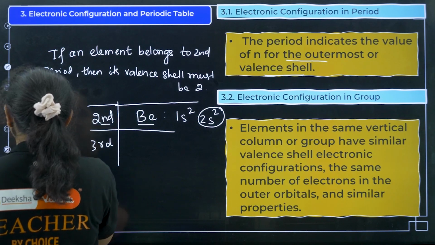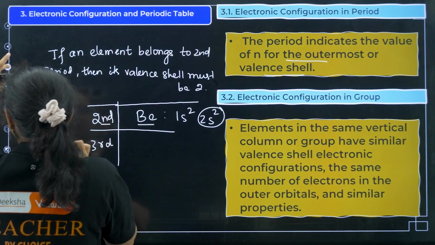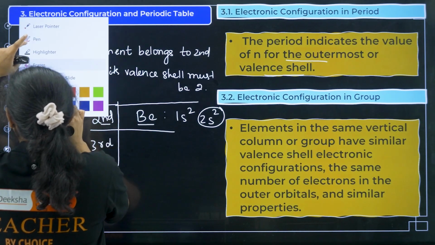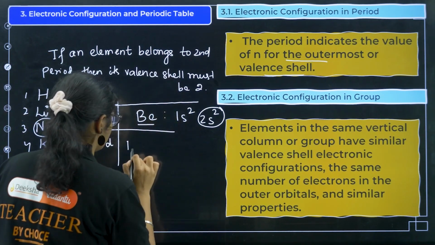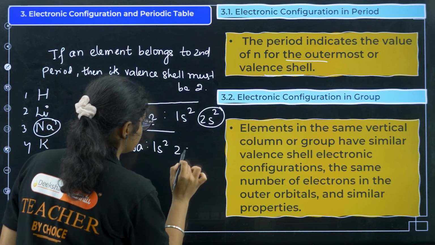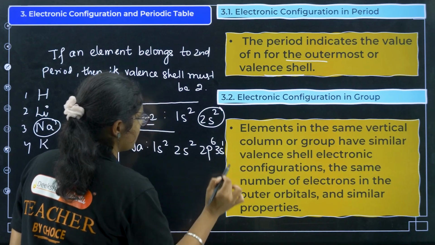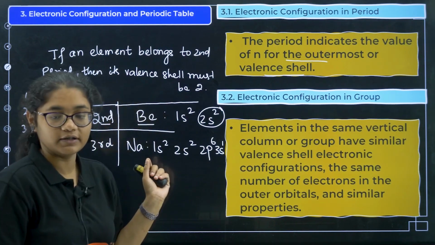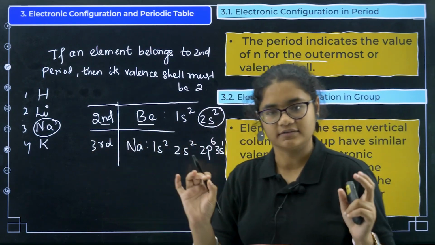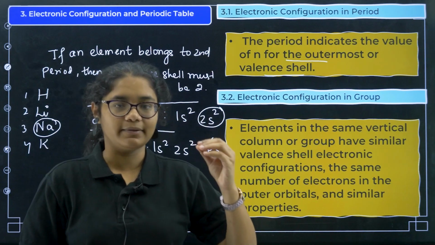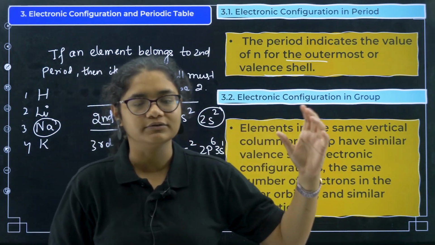So this is first period, second period, third period and fourth period, right? If I now write the sodium electronic configuration, you see 1s2 2s2 2p6, and then we have 3s1. So you see sodium belongs to the third period and its last shell is 3s, right? Similarly, whichever period the element belongs to, its last electron enters that particular shell.